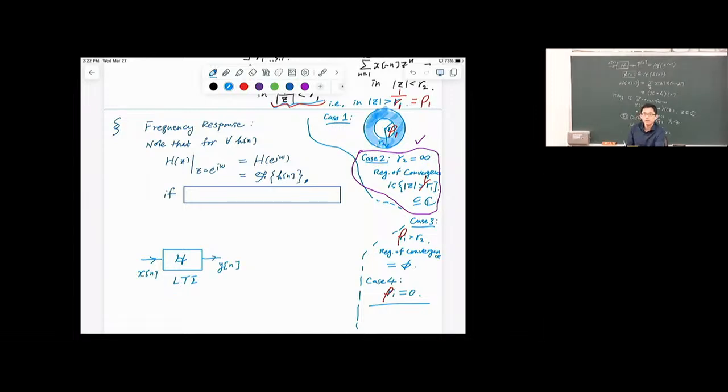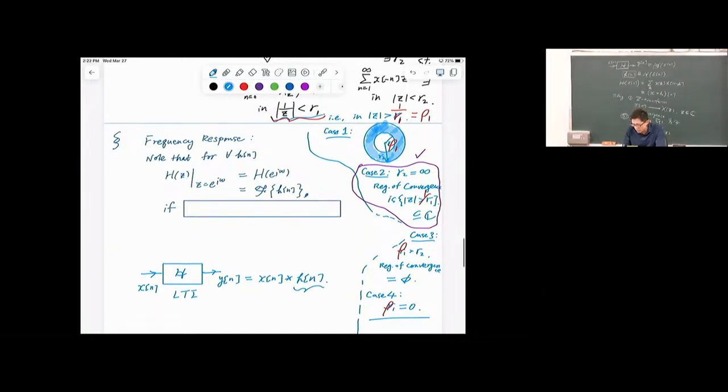And we know that y of n is x of n convolved with h of n, where h of n is the impulse response. For any such LTI system, given the impulse response, we can define the Z transform.